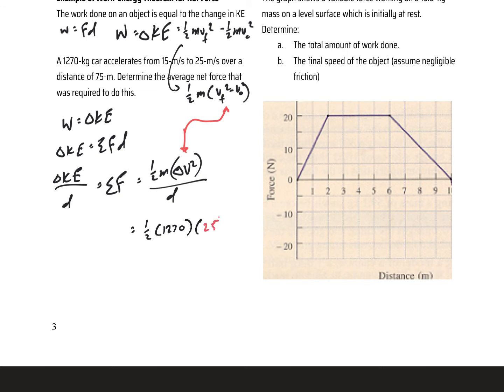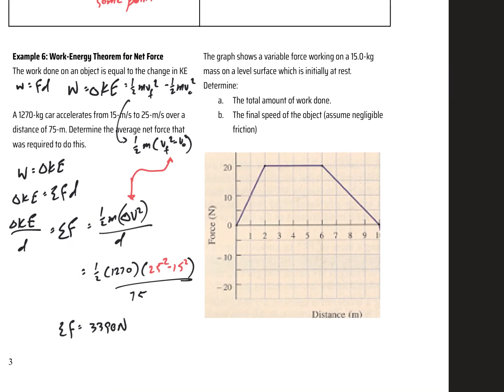So that's where this 25 squared minus 15 squared comes from, divided by that distance of 75 meters. So we should get a net force of about 3390 newtons. So that was the net force that provided the work to change the velocity from the 15 to the 25.